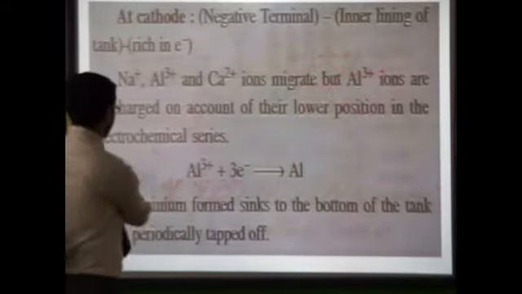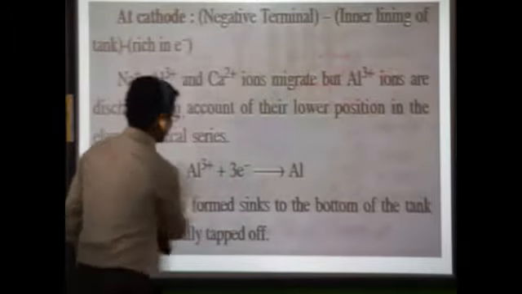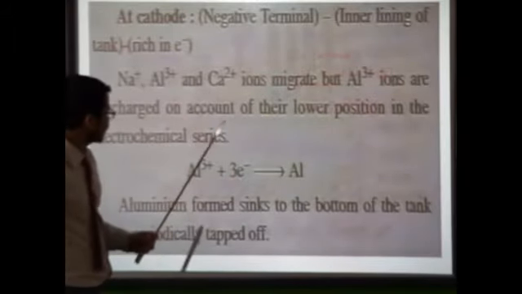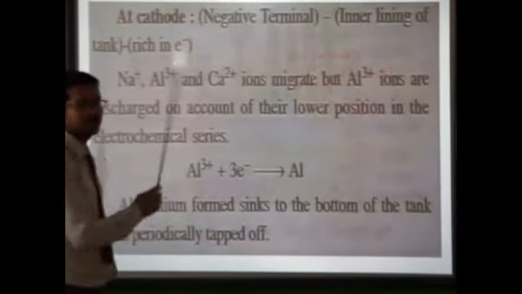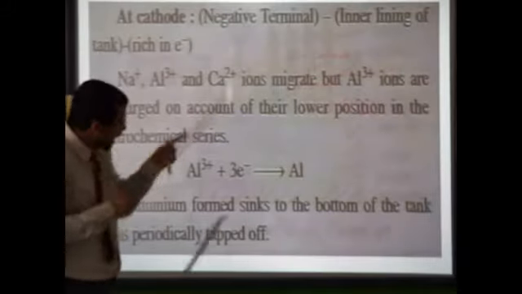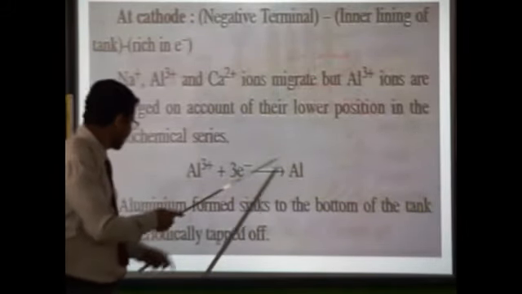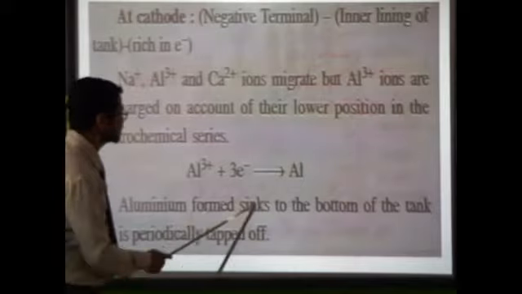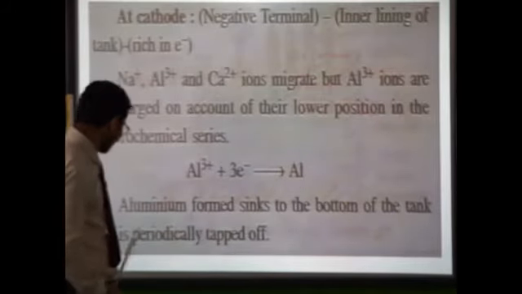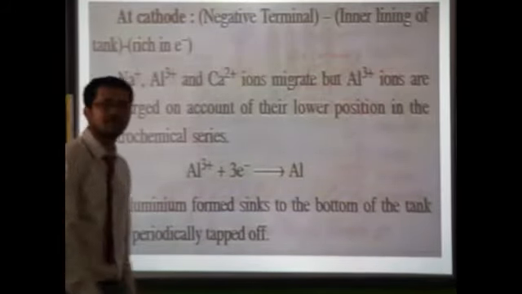Aluminium ion on reaching the cathode gains 3 electrons and becomes aluminium. The aluminium formed sinks to the bottom of the tank and is periodically tapped off.